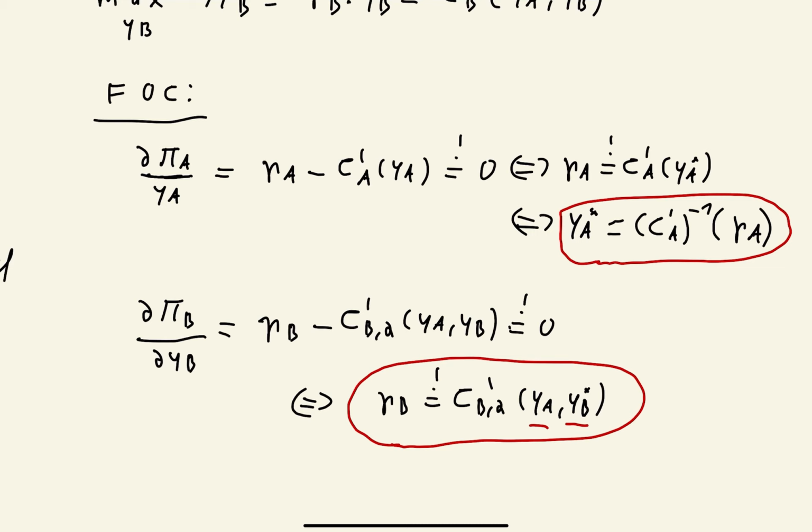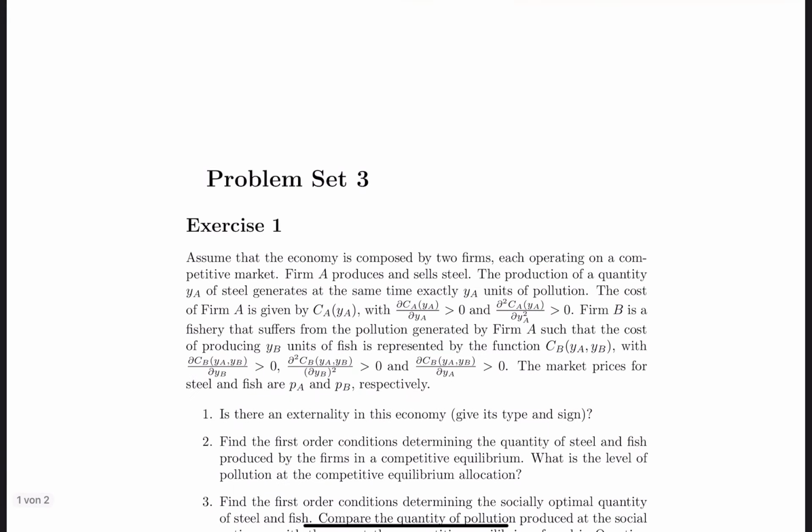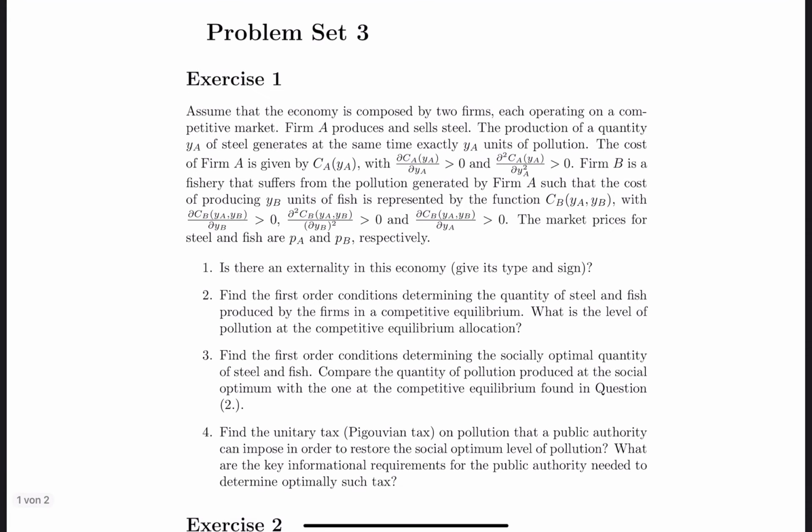So basically what you can already see here is that the optimal amount of fish is strictly decreasing in the amount of pollution conducted by firm A. And this is somehow capturing the negative externality in an implicit way here. Okay, I think this was everything with respect to sub-exercise 2.